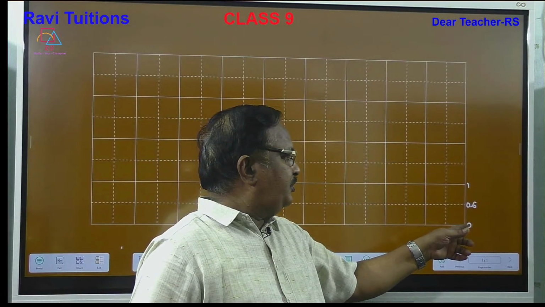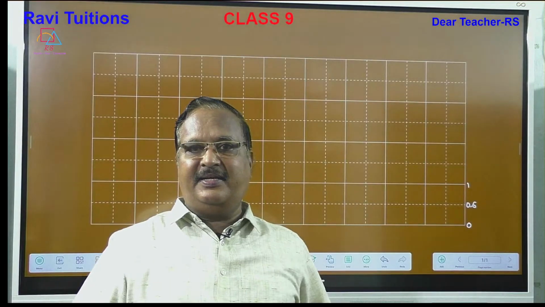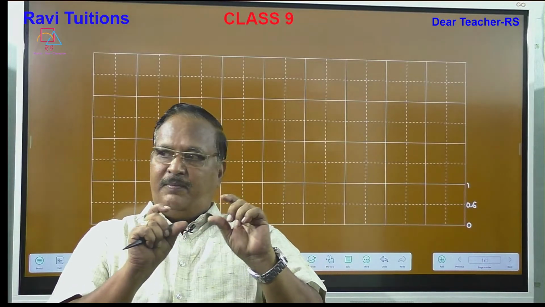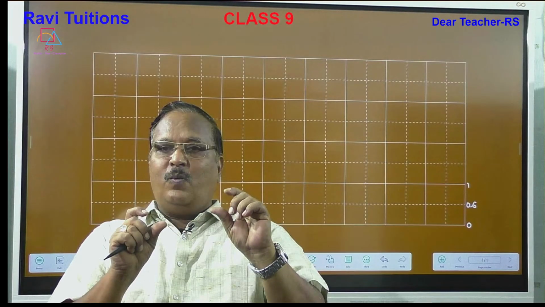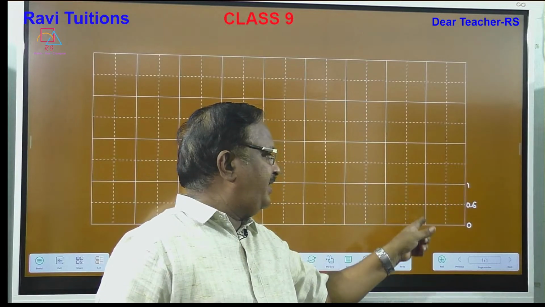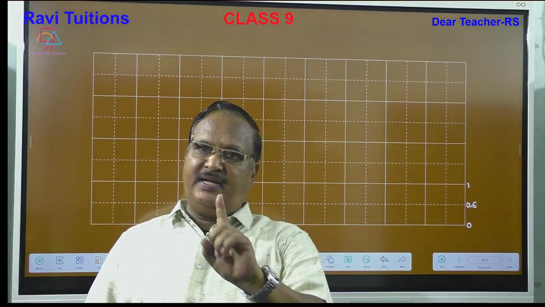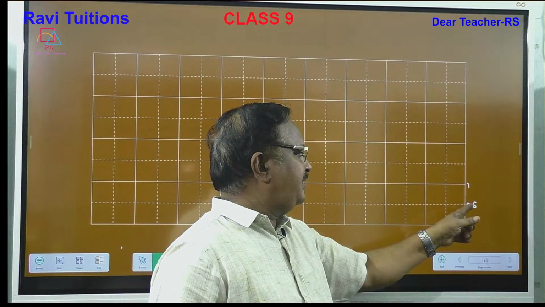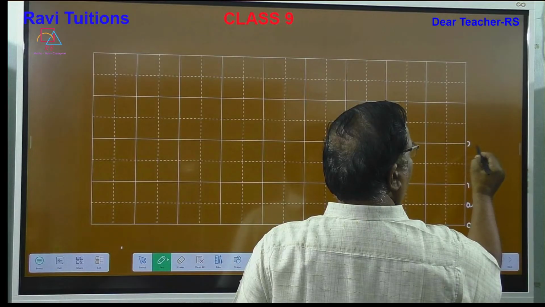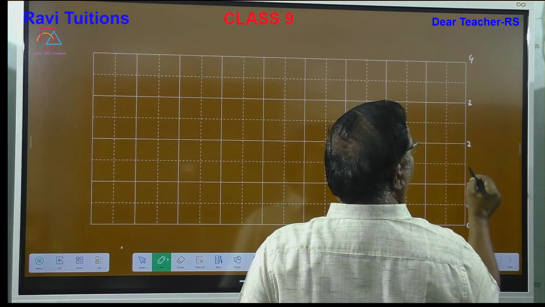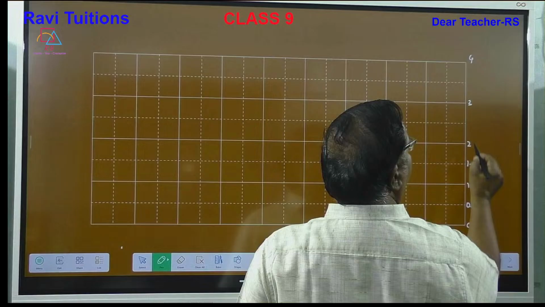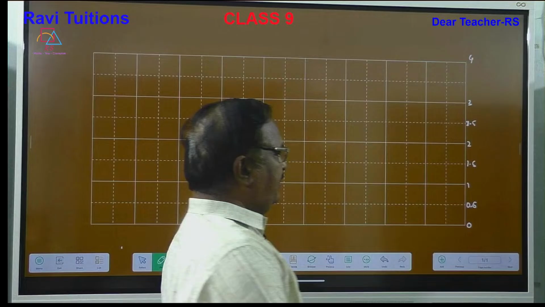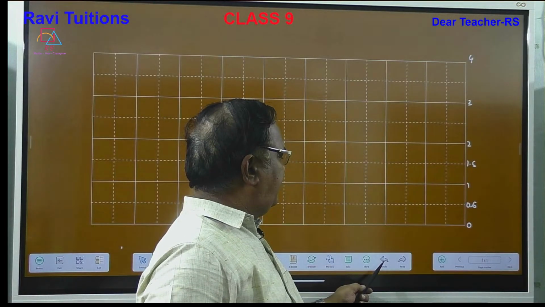So 0 to 1 is 1 unit. If you take a scale and measure your graph sheet, that will be 1 centimeter. So 1 centimeter squares will be there, and each square we call a unit. So 0, 1, 2, 3, 4 and so on. This will be 1.5, this will be 2.5 and so on. This is how a graph sheet works.